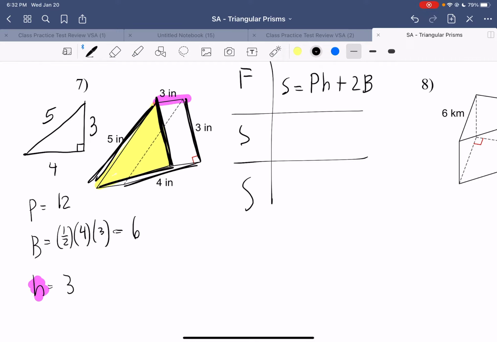Then we can substitute: the perimeter of our base is 12 times the height of our prism, 3, plus 2 times the area of our base, which was 6. So 12 times 3 is 36 plus 2 times 6, and we get a total of 48 inches squared.